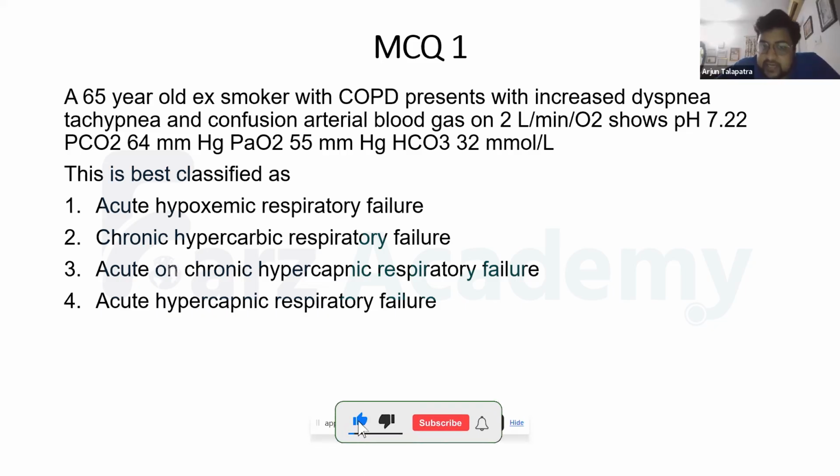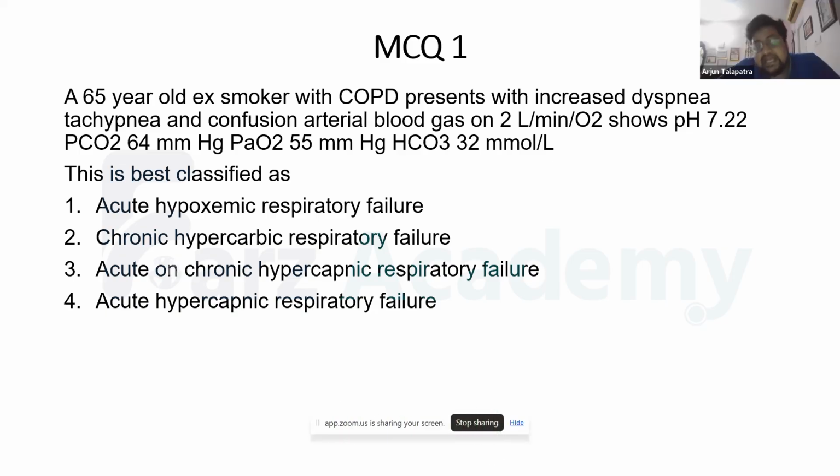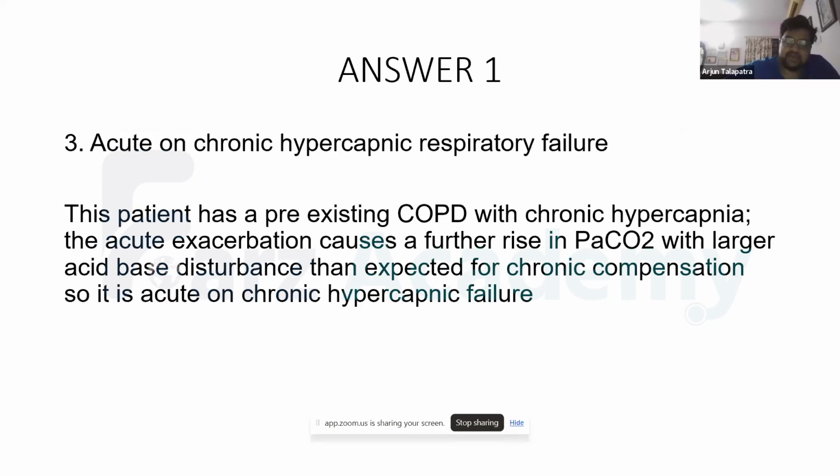Yes, he was confused and he's got acidosis, tachypnea, right? Yes. Right. But this is slightly more than that, right? It's life-threatening. He's confused, tachypneic, and acidotic. So that means that there is a chronic component to this as well, right? So that's why it is an acute and chronic hypercapnic respiratory failure.